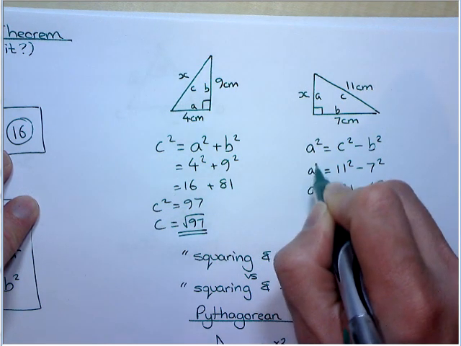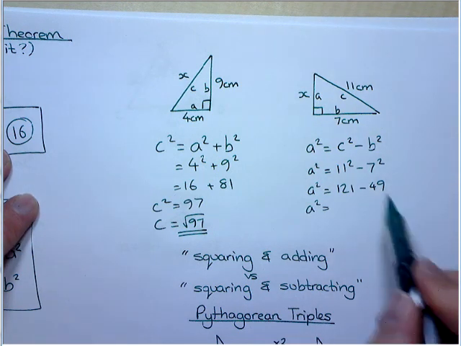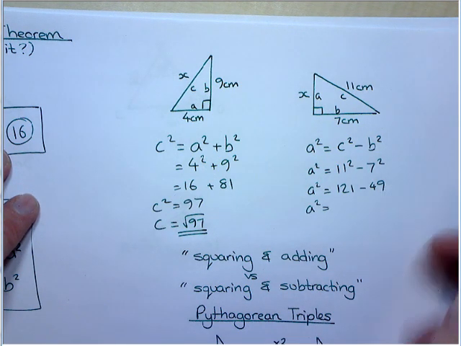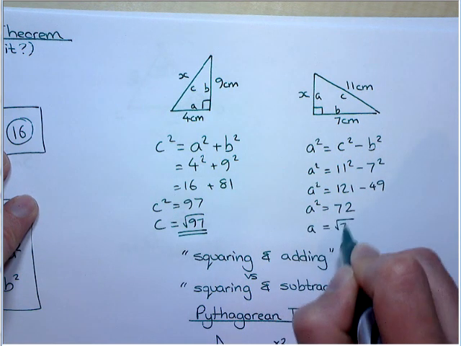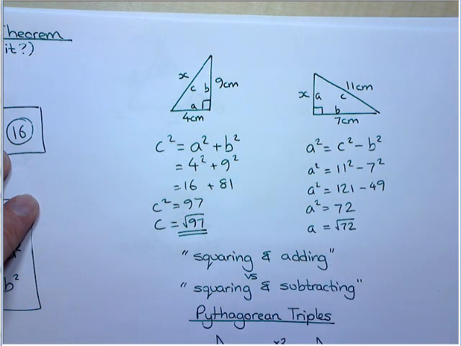Let's pop the rest of my working in here. So what's that? 50, 70, 72. So therefore A is the square root of 72. And you could take that further using surds if you've watched that video and understood it, or you can just type that into your calculator and get an answer and round it to 2 decimal places, 3 significant figures, pretty much whatever they ask you to do.